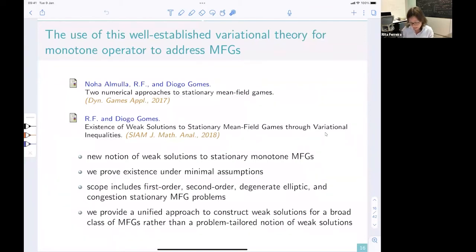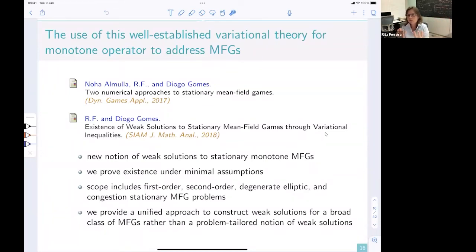What this provides is a new notion of weak solutions within the mean field game literature, importing these ideas from monotone operators. And we proved existence under minimal assumptions, meaning that we tried to make the assumptions on the couplings and on the Hamiltonian as general as possible.